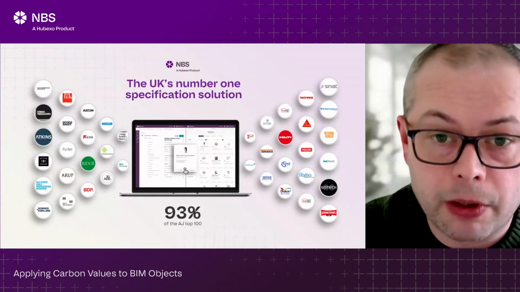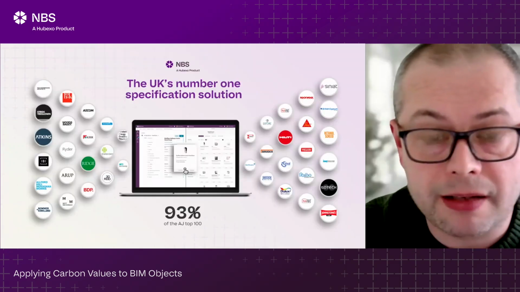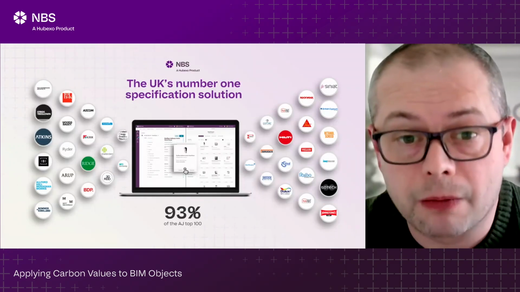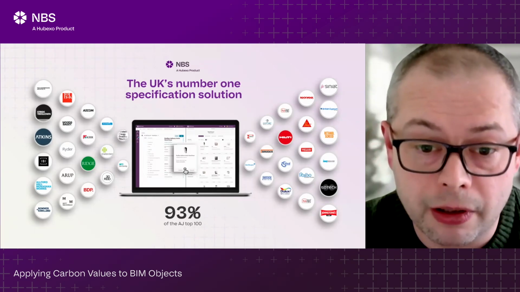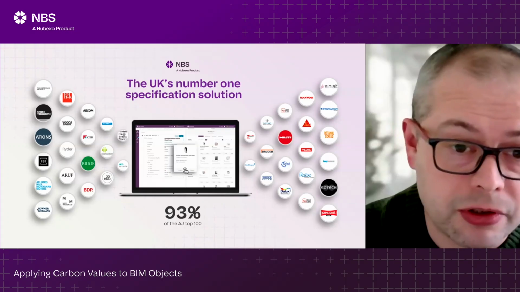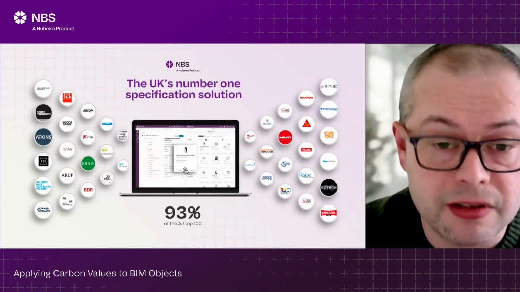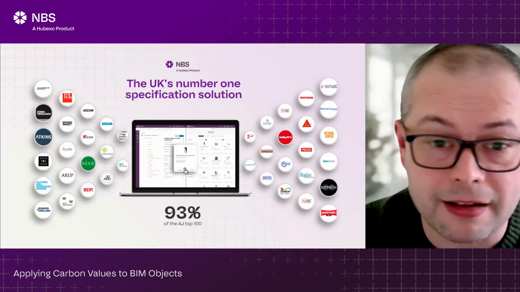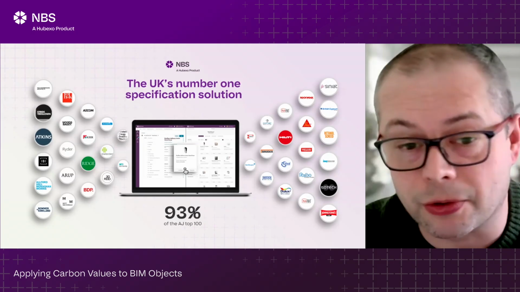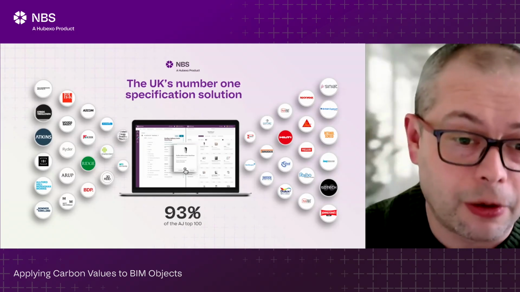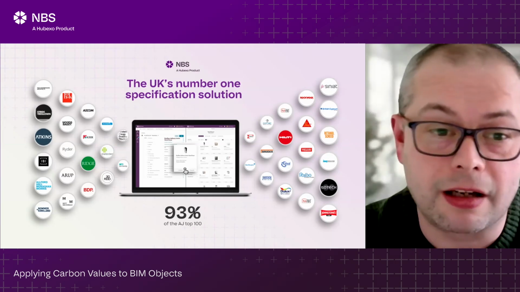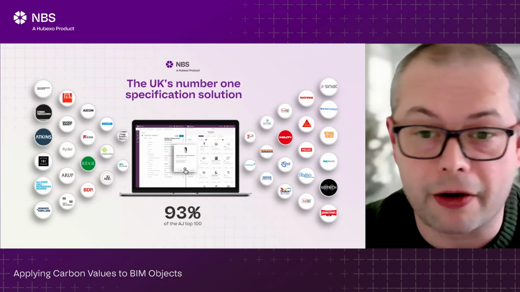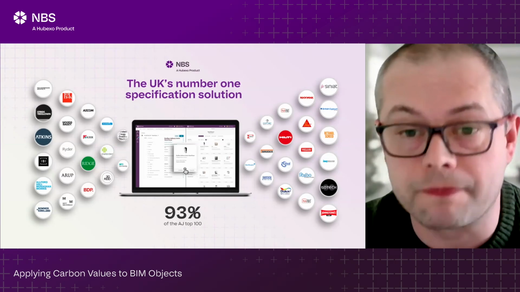If anybody's not familiar with who NBS are, NBS is the National Building Specification. We're the UK's number one specification solution. We provide our leading software, NBS Chorus, to the specification community. So whether that's architects, designers, contractors, consultants, engineers, local councils, anybody that's involved in the specification writing process pretty much would rely on NBS for that solution.